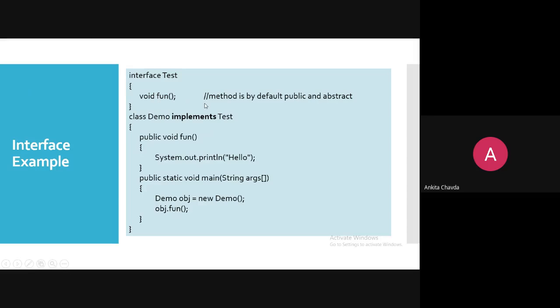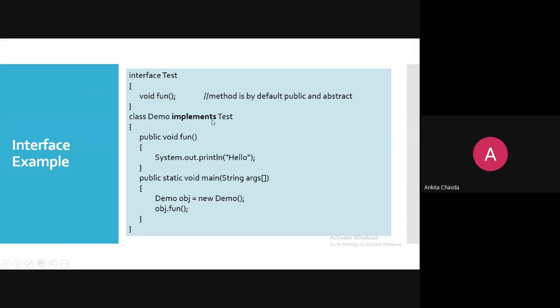You are not implementing any method inside an interface. You are just declaring it. You are not giving the definition, because this part you are leaving to the class that implements this interface.